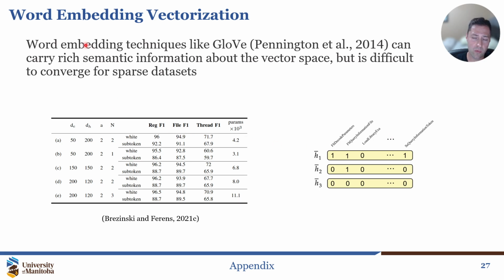This is just to point out that the more advanced ones like GloVe can carry rich semantic information about the vector space of those words, but it's difficult to converge for sparse data sets. What we have on the right here is lots of APIs but very few ones, which is a very sparse data set, right? Few and far between. So it's very hard for these embedding techniques to actually learn the associations just because the APIs aren't used enough.